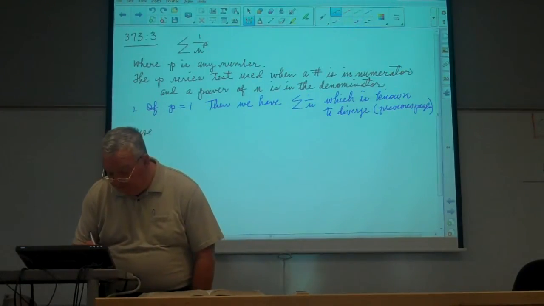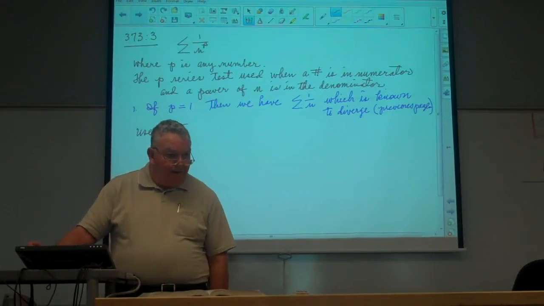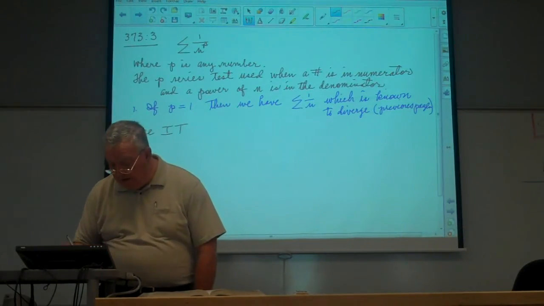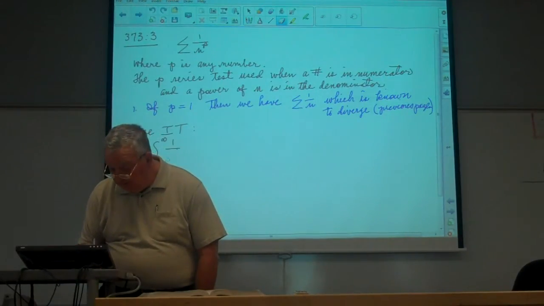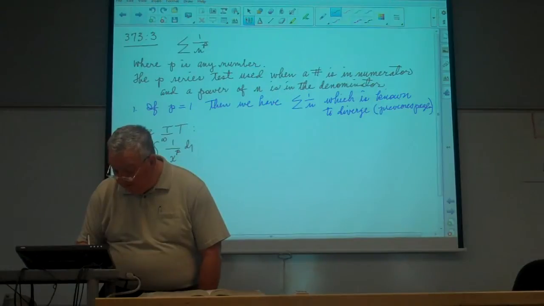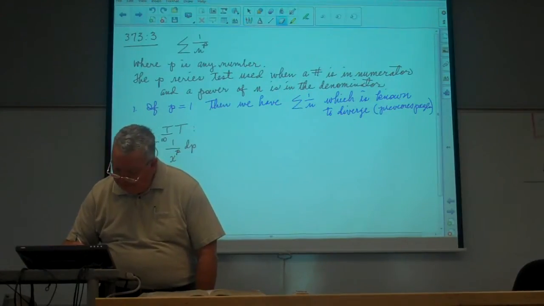So what I'm going to do is use, again, I know what these mean, and I expect you to also, the integral test. Well, that means that I have to consider the integral from 1 to infinity of 1 over x to the p dx.